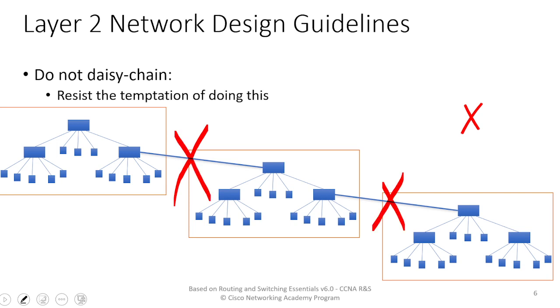If a single link fails, all the rest of the network that is under that cascade is going to fail. So that is one of the main reasons why we would always want to avoid cascading our network. That is something that we would not prefer to do in our networks.